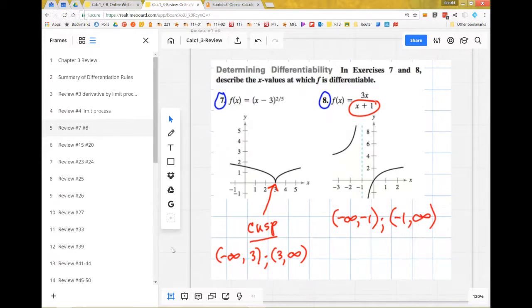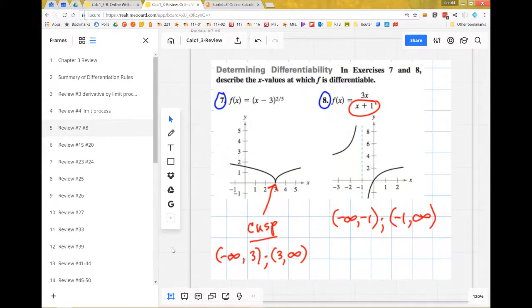Like in number 7, when there's a cusp, you can't find a derivative at that point. So where is number 7 differentiable? Any place else. So from negative infinity all the way up to 3, and from 3 all the way up to positive infinity. All we're doing is excluding that 3 point.